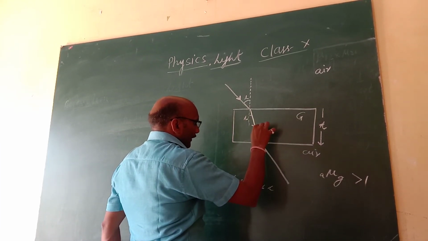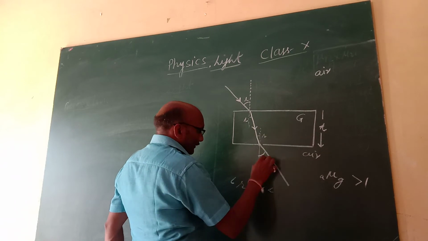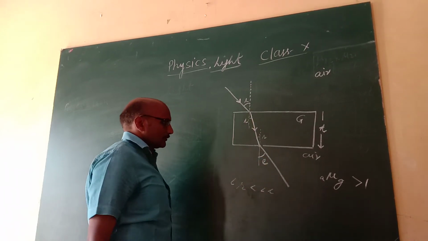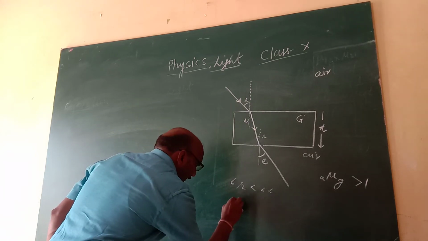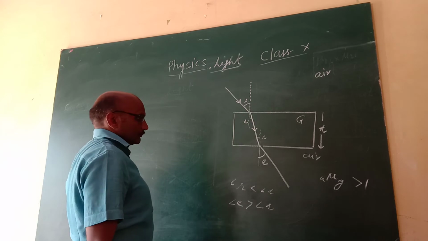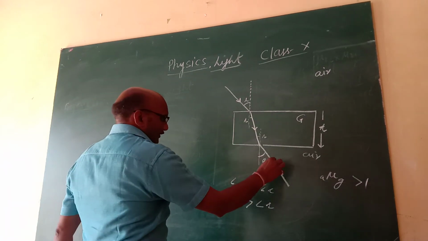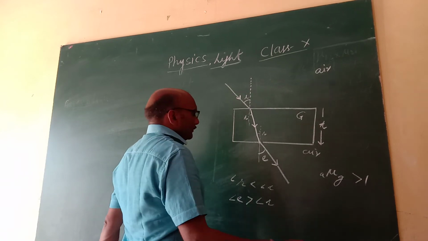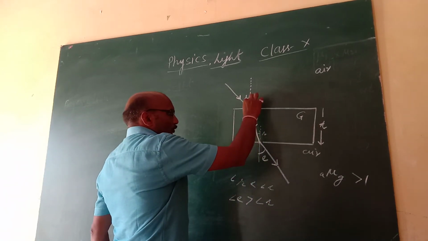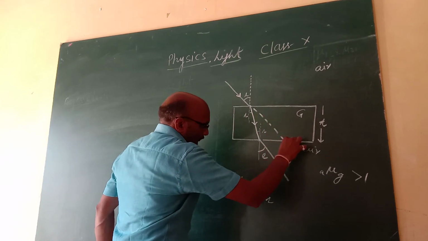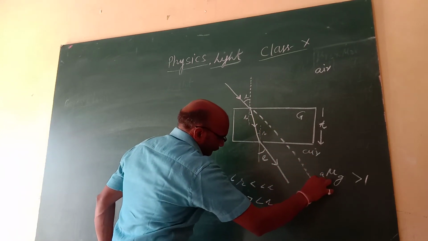So this angle is again r, and this angle is e, the angle of emergence. So angle e is more than angle r. This is the actual path of light. But if there were no medium, light would go straight on this path.